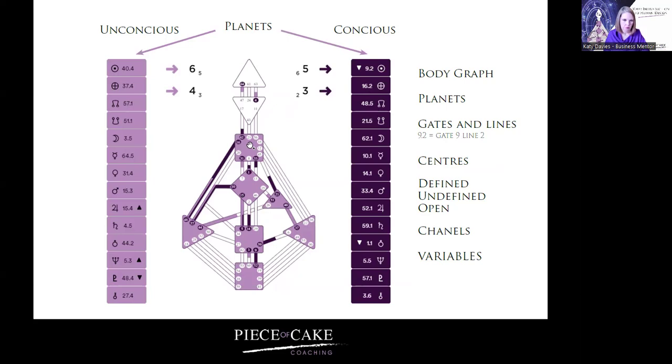So, for example, the voices, so this is the throat center here. This square here that I've got colored in and defined is the throat. And the gates are all the little numbers inside of the box.